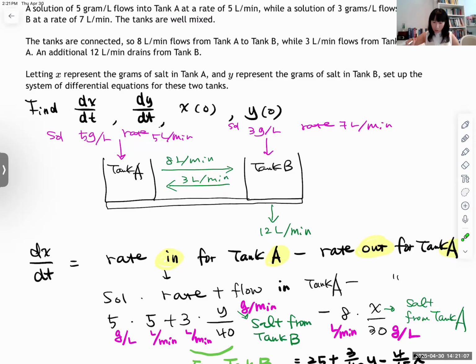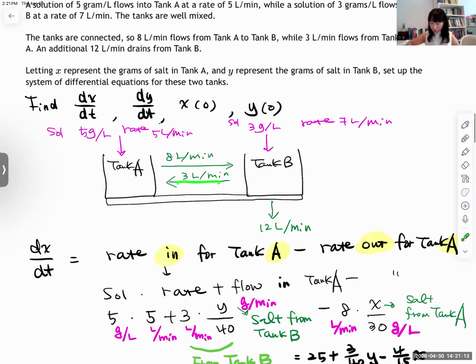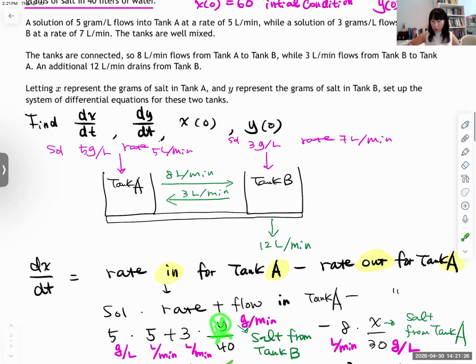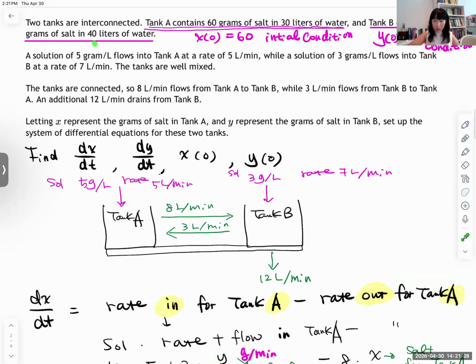And we have the flow from tank B, 3 liters per minute. We don't know how much salt, so we say Y, because it is from tank B, Y over 40, where the 40 comes from liters of water.